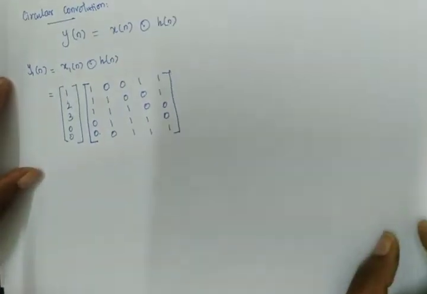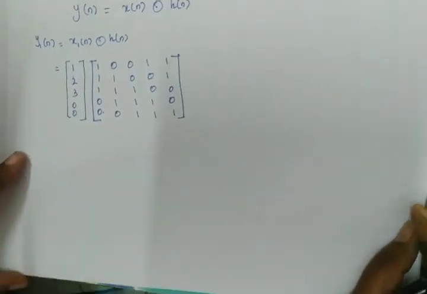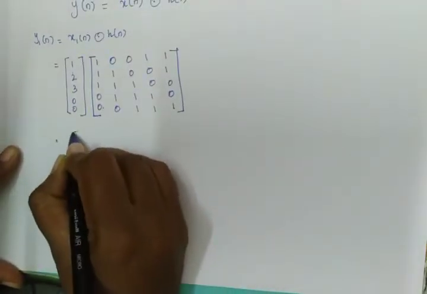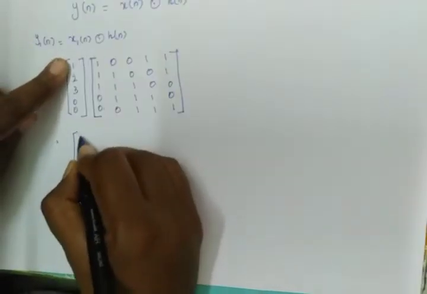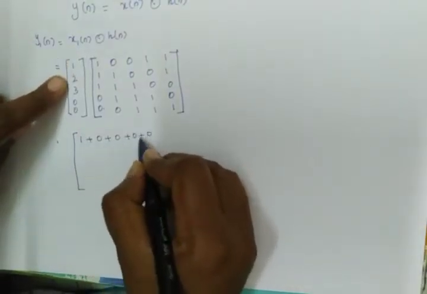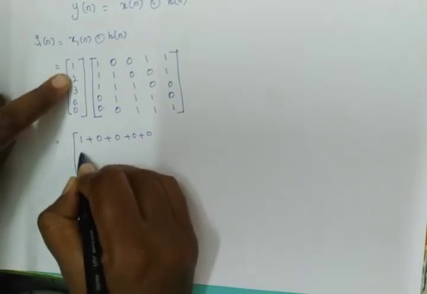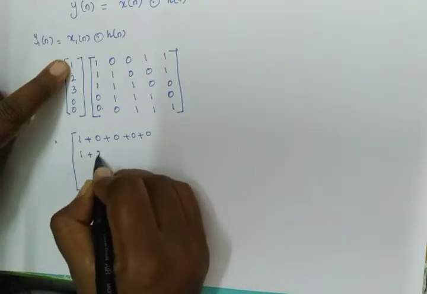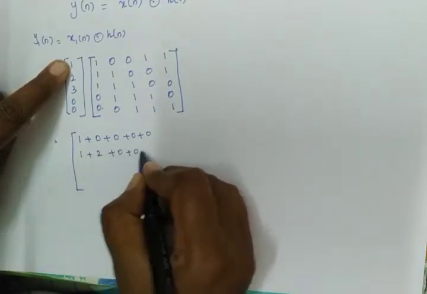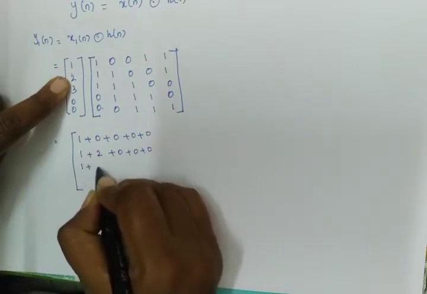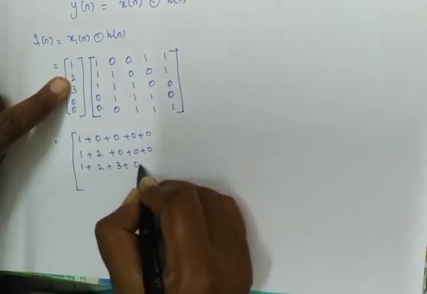Now what we have to do? That is general matrix multiplication. We know how to do matrix multiplication. So we can write this as 1 plus 0 plus 0 plus 0 plus 0. Then for the second column, 1 plus 2 plus 0 plus 0 plus 0. Then the third one is again 1 plus 2 plus 3 plus 0 plus 0.